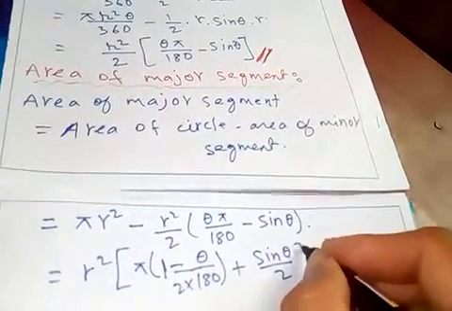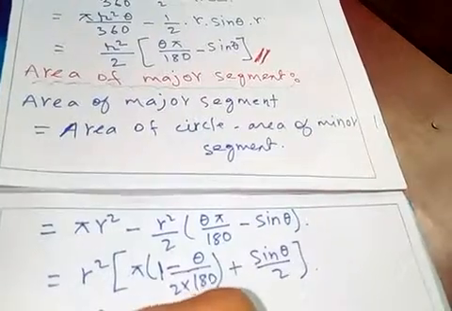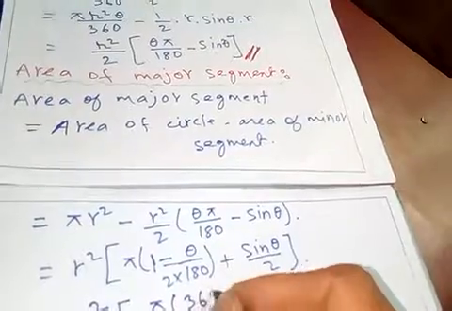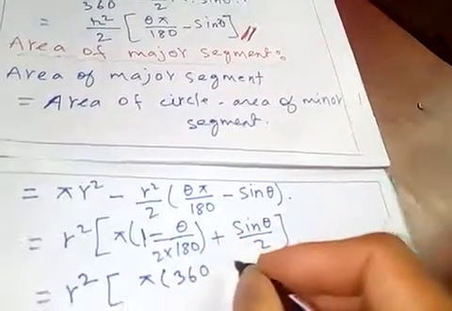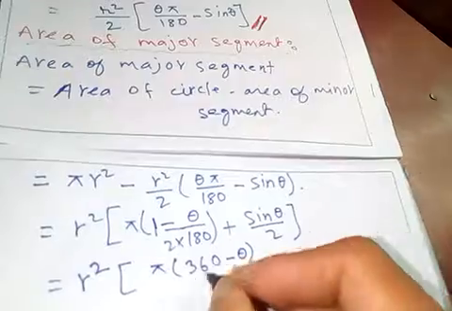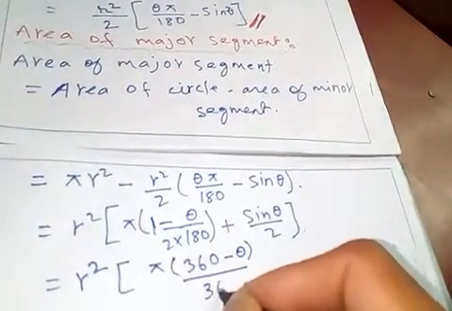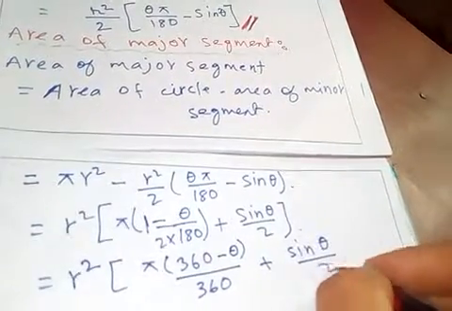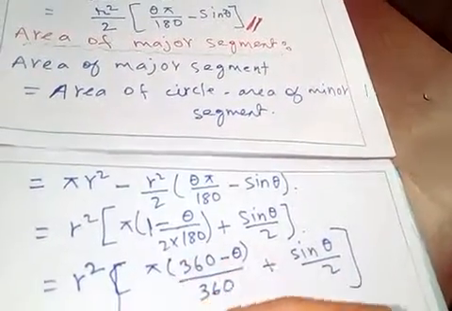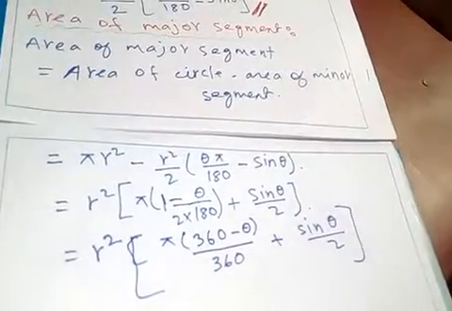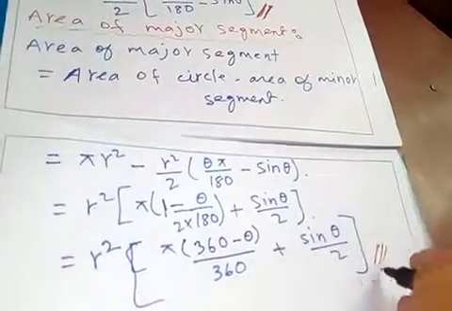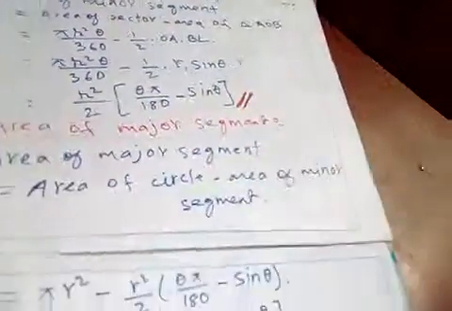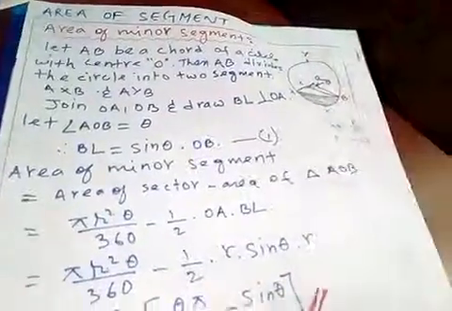If you simplify this, r squared pi 360 (because 2 into 180 means 360) minus theta over 360 plus sine theta over 2, and this is the area of the major segment. This is the area of the major segment, and this is the area of the minor segment. So this is our proof.